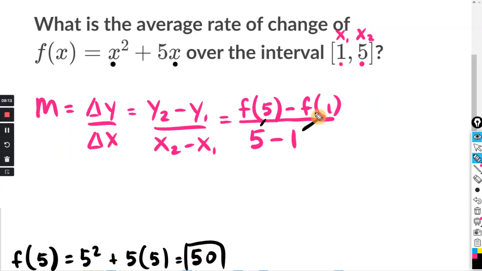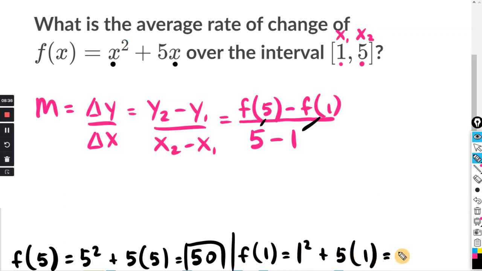All right, and now we need f of 1. And again, that just means we're plugging in 1 for the f function in place of x. So that's going to be 1 squared plus 5 times 1. 1 squared is 1 plus 5, that's going to be 6.